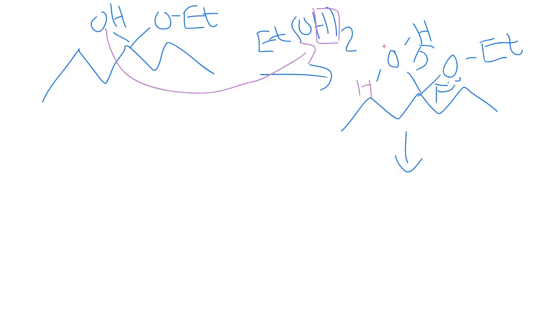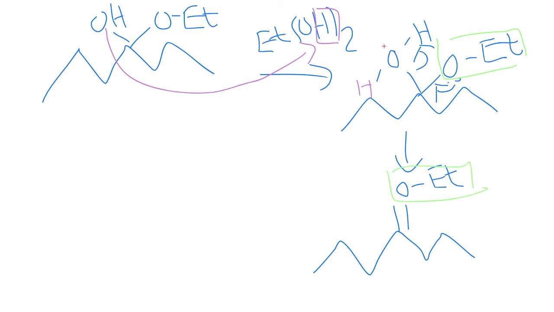So I'll get this. Notice that this new bond came from a lone pair that exists on the oxygen atom. And that replaces the bond that was destroyed when water exited.